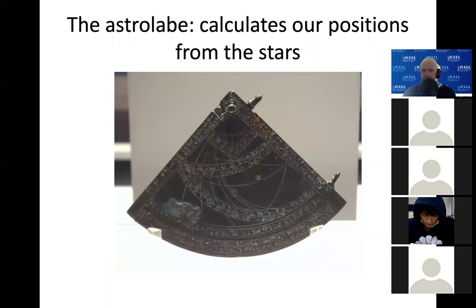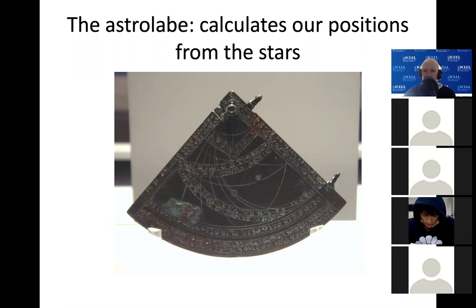And over history, there were other machines that were being used going back quite a long time. The astrolabe, for example. Astrolabe, I don't know how to say it. And this was used particularly on ships, where it allows you to discover where you are, your position on the sea, I suppose, usually, right?